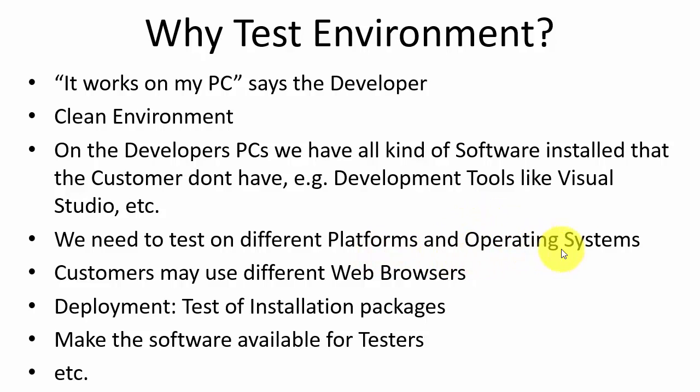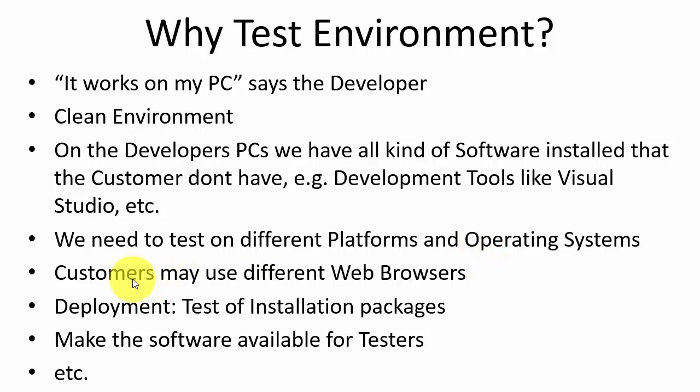Also, of course, we have lots of different operating systems. We have different kinds of Windows: Windows XP, Windows 7, Windows 8, Windows 10, etc. All these operating systems, we need to test our software on them.